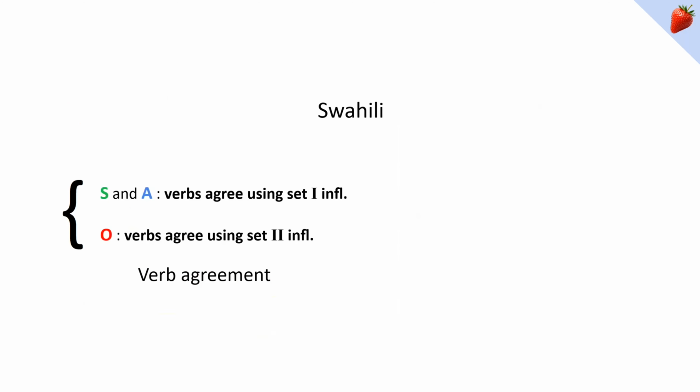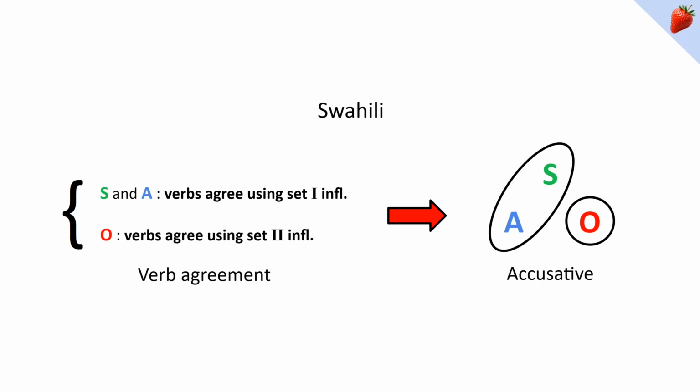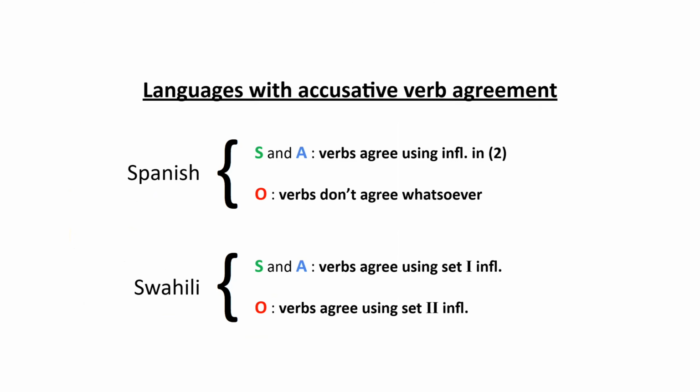Because Swahili verb agreement treats S and A arguments similarly and O arguments differently, Swahili is, like Spanish, a language that exhibits accusative alignment with respect to verb agreement. The information presented in this section can be summarized as follows.